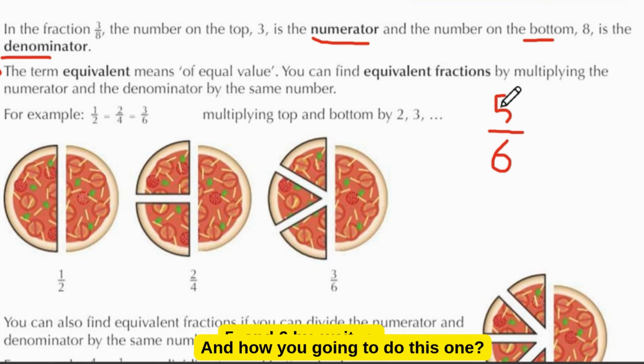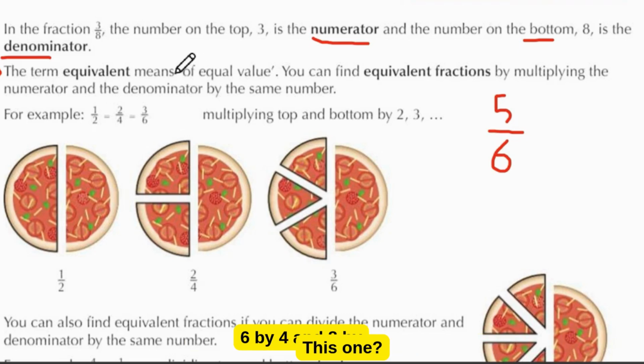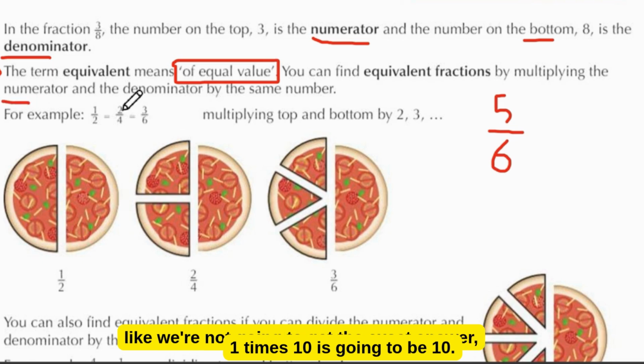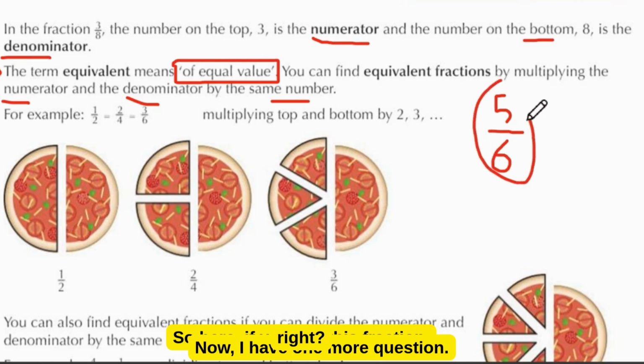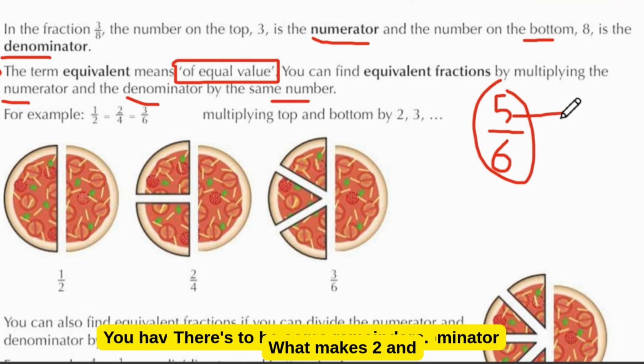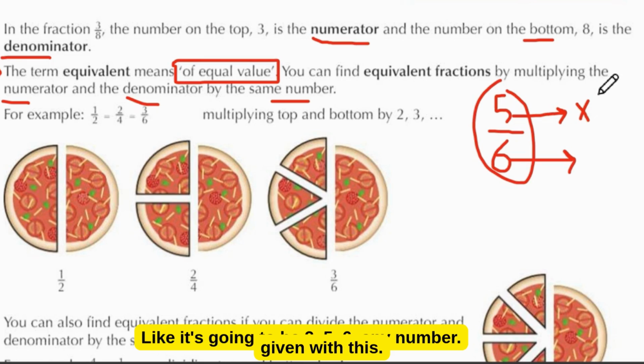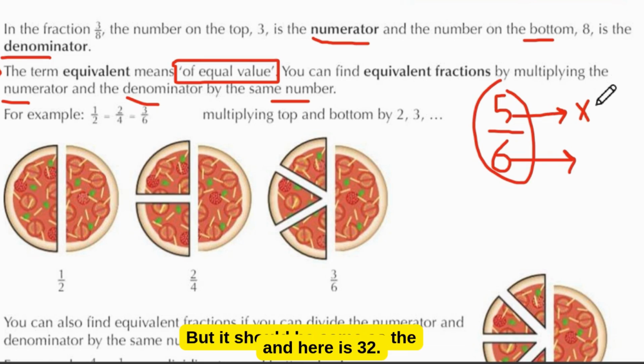Now let's move toward equivalent fractions because this is a simple fraction. 5 by 6 is a fraction. The term equivalent means of equal value. You can find an equivalent fraction by multiplying the numerator and the denominator by the same number. You can choose any number, like 2, but it should be the same for the denominator.